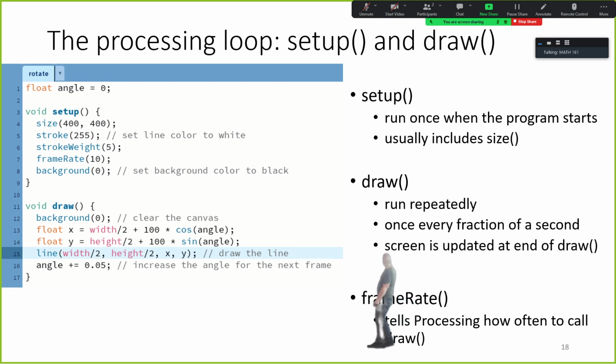Right? So it starts at the top one once and then runs to the next one in cosines. Now, what we have here is a setup where it says size 400 by 400, a stroke of white, because I say set colour to white, width of 5, frame rate 10. So what do you think frame rate 10 does?